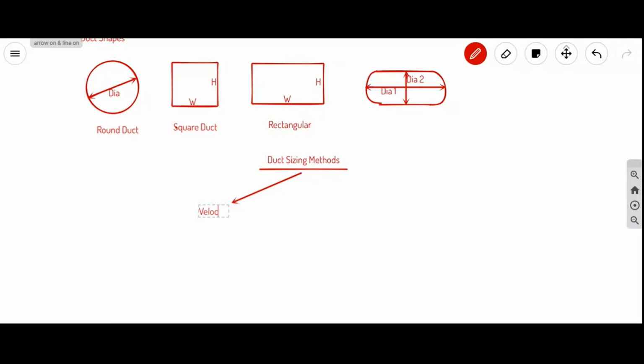Velocity reduction method and equal friction method.